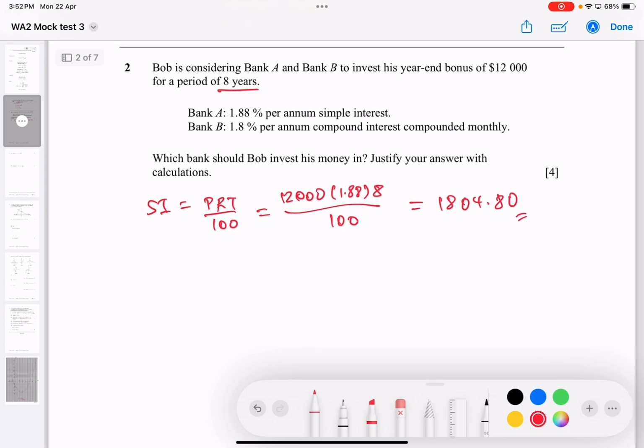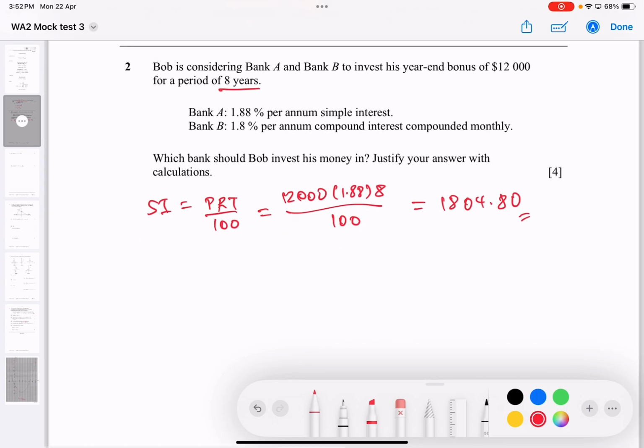Next one, I'm going to use the compound interest formula. The compound interest formula is written as A equals P times 1 plus R over 100 to the power of N. P is the same thing. P refers to the principal, which is 12,000.